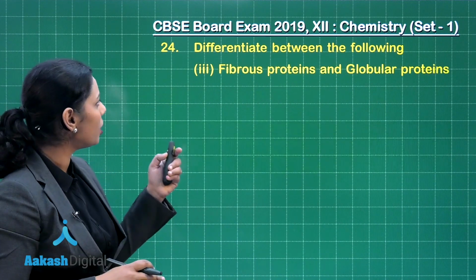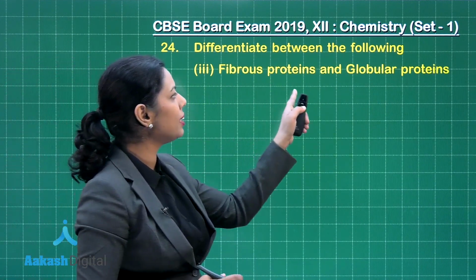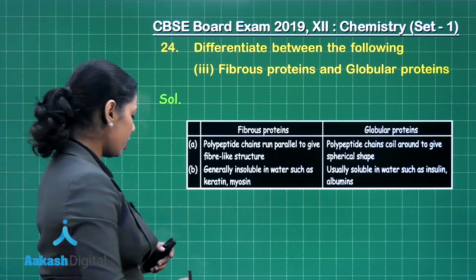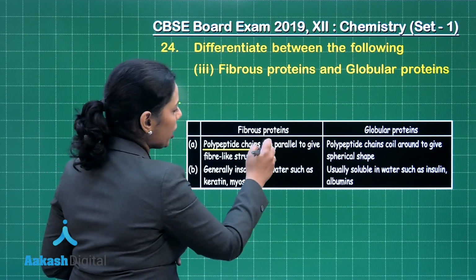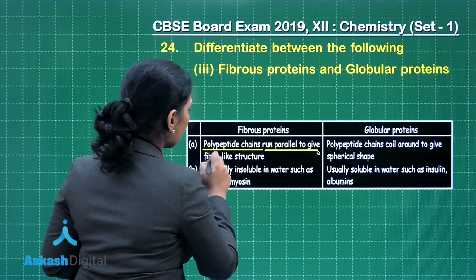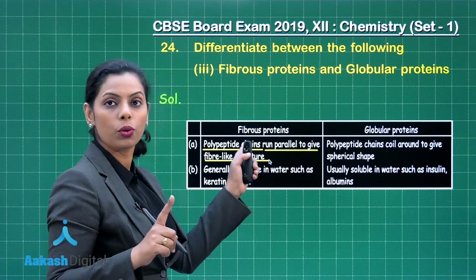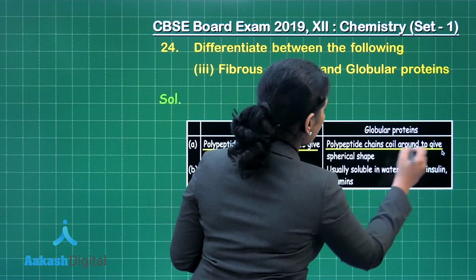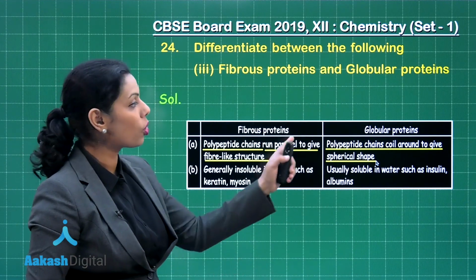After that, the third part of this question is, you have to differentiate fibrous proteins and globular proteins. You can differentiate these two by writing any one of the differences. First is, polypeptide chains run parallel to give a fiber like structure. That is the characteristic of fibrous protein. And if I talk about globular protein, polypeptide chains coil around to give a spherical shape, and that results in the formation of globular protein.